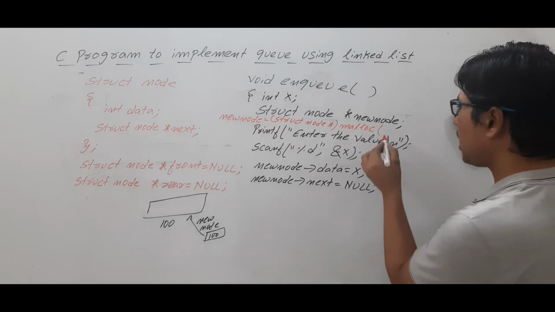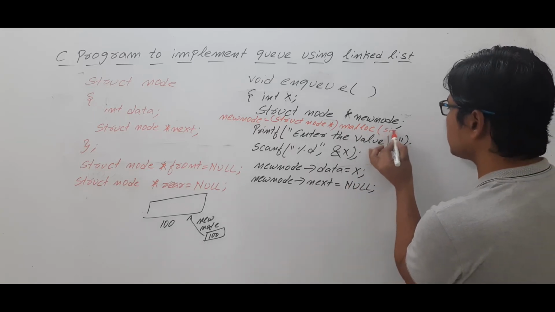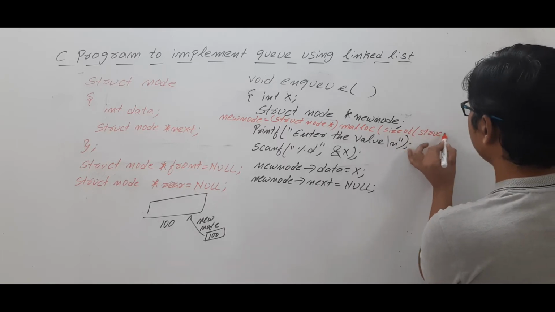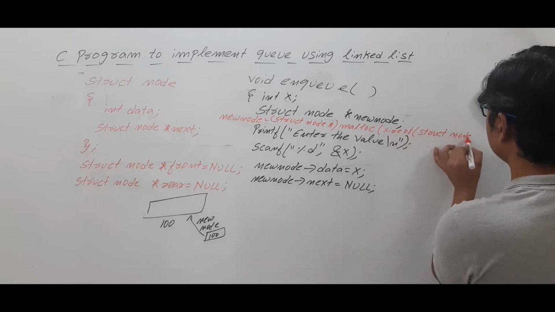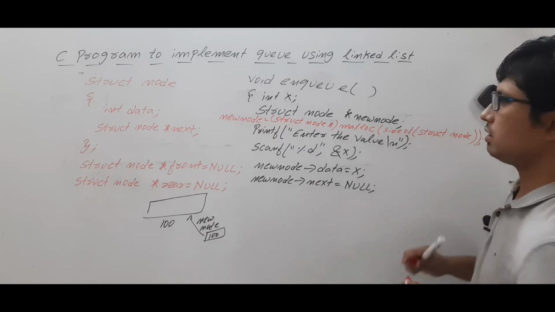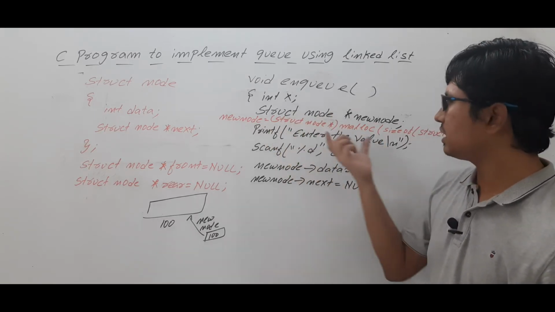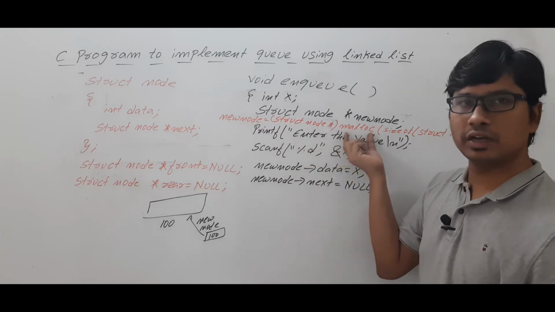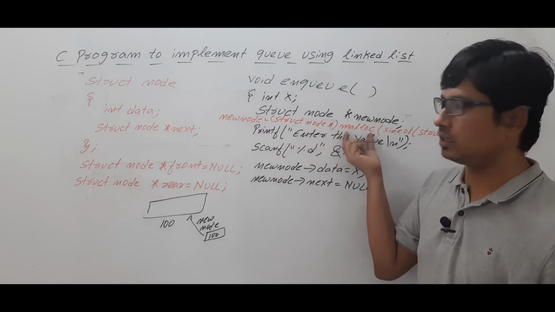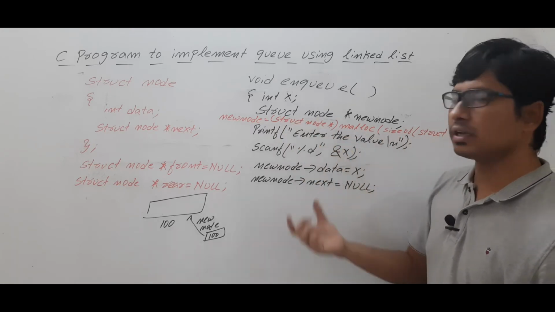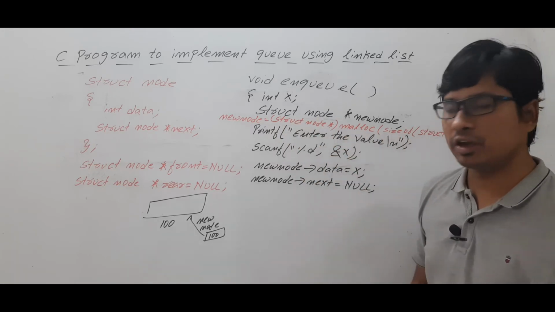Malloc, you have to specify the size, so sizeof struct node. Sorry for the mistake, I forgot to write this statement. Once you declared a variable called new node of struct, you have to create the new node using the function called malloc, or you can use a function called calloc also. So this is the syntax for allocating the memory dynamically using the malloc function.